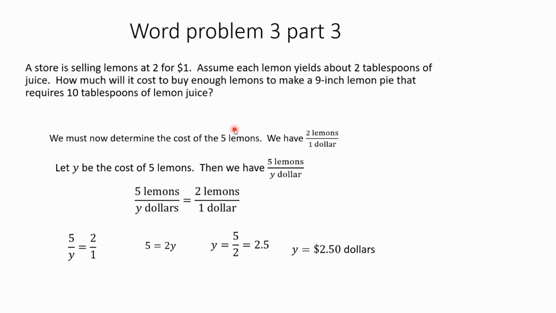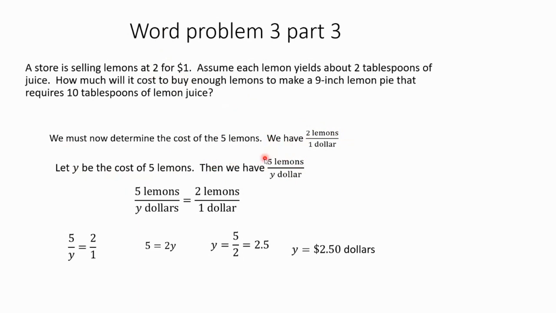Okay. We have 5 lemons. We want to know how much that costs. So let's let y be the cost of 5 lemons, right? That's what we're looking for. Then we can form the ratio 5 lemons over y dollars, right? So again, from the given information here, 2 lemons cost $1. That's this ratio.